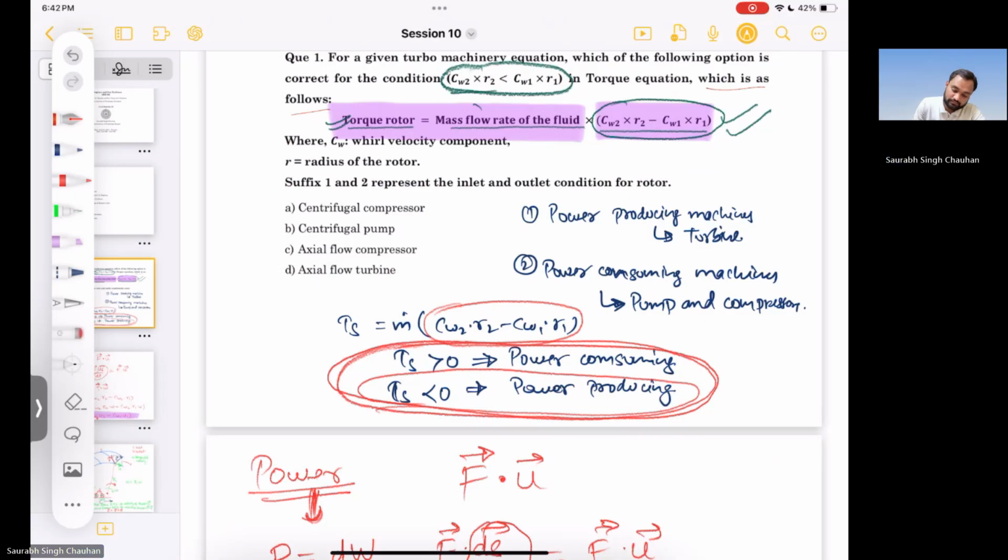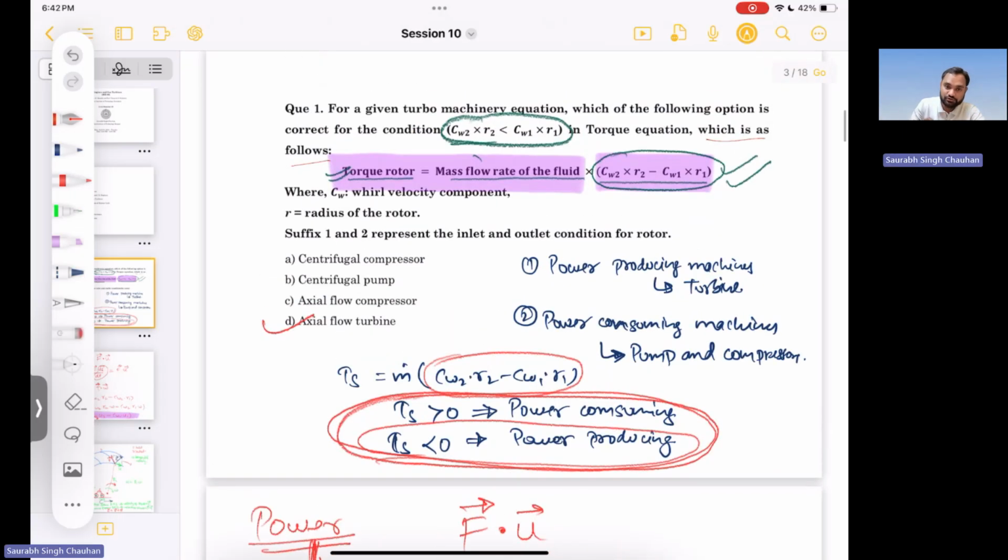So the answer of this question is the last part, axial flow turbine. Why? Because option A is compressor, option B is pump, option C is compressor. All these machines are power consuming, and only the turbine is power producing.